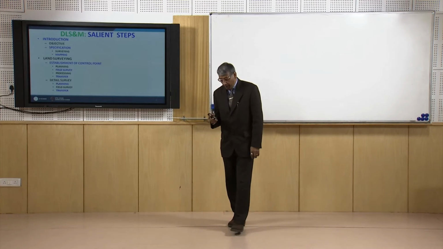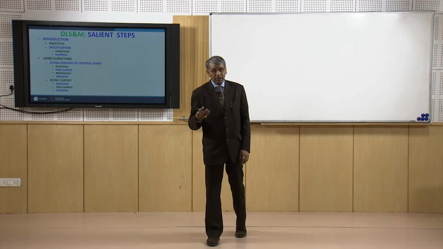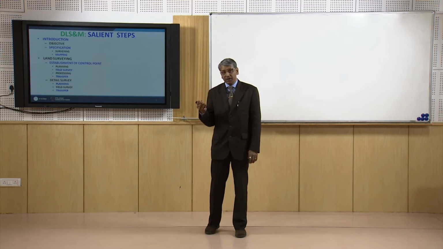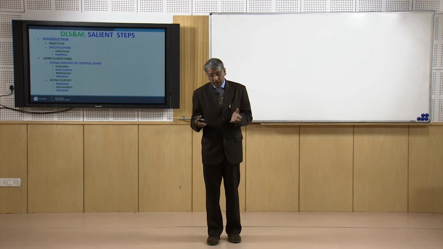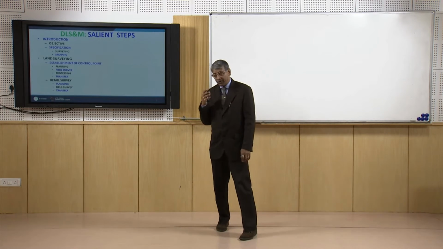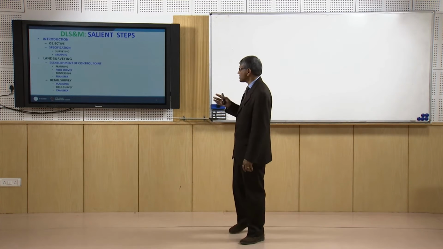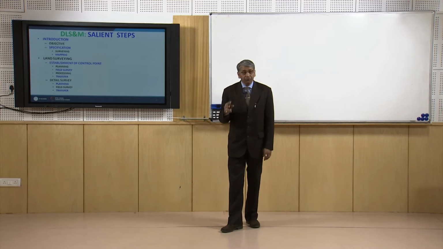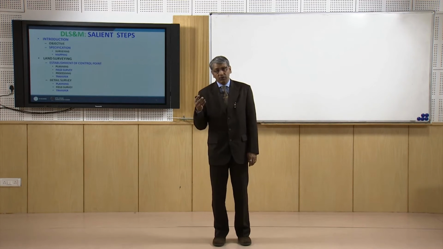The type of map we will prepare, the type of data we will collect, the quality of the data we will be collecting, and many other specifications, as well as all activities, will depend first on the objective for which we will be making use of the topographic map.